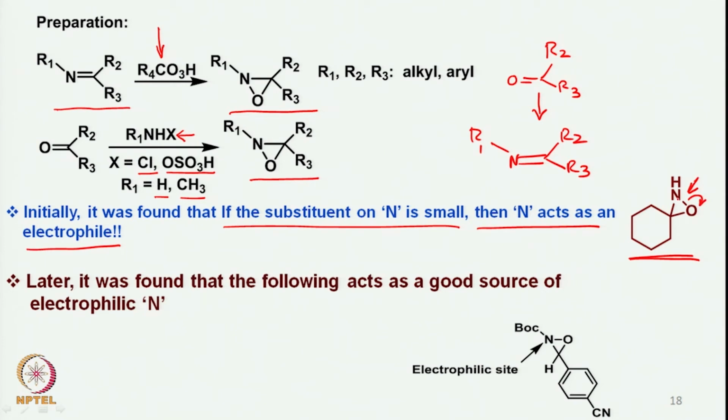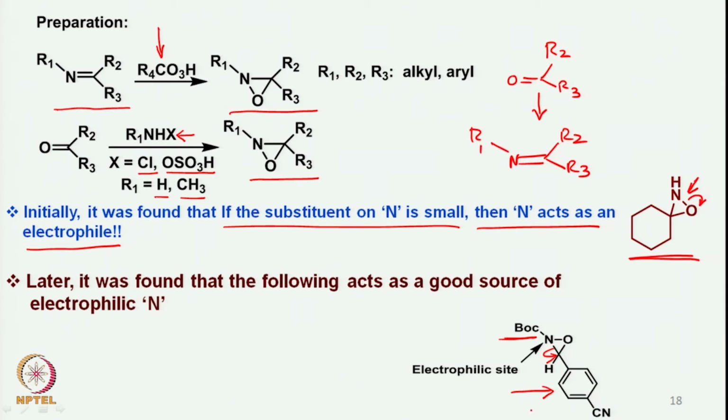On the other hand, it was also found that if we have a group somewhat like this here, para-cyanophenyl for example, with a group like the Boc group present on the nitrogen, you are making this particular nitrogen more electrophilic, and also there is a possibility that you can break this bond here, and the negative charge here will be stabilized because of the electron withdrawing cyano group attached to the para position of the phenyl ring.